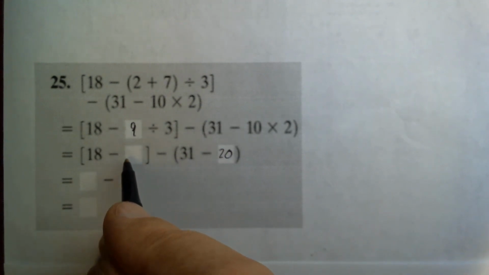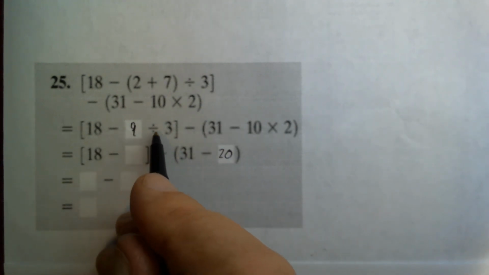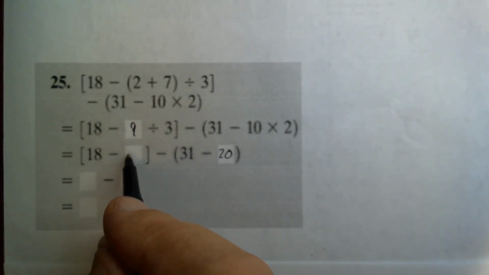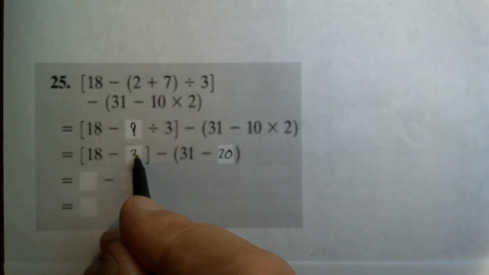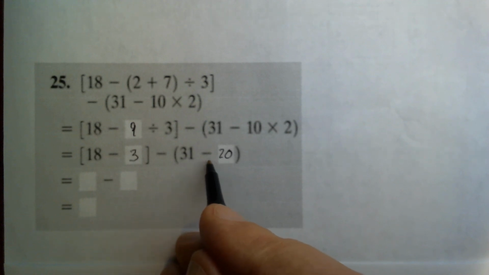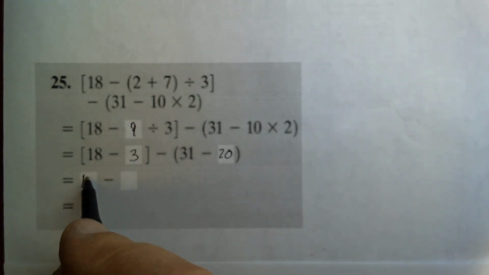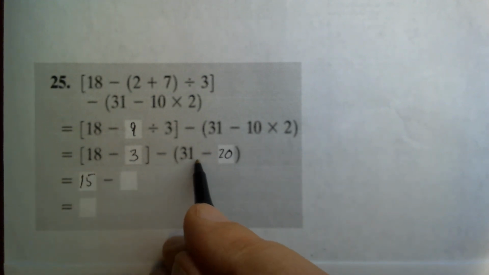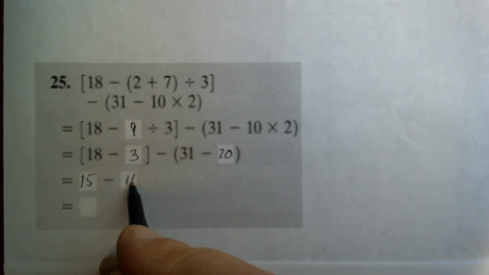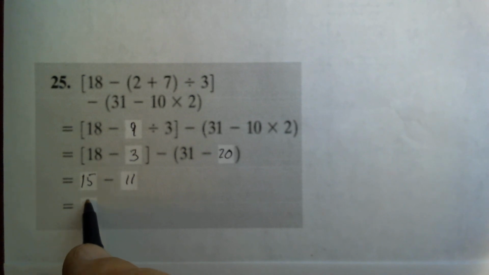And then here we have 18 and 9 divided by 3 is 3 with a minus sign, so minus 3. And then 18 minus 3, that would be 15. And 31 minus 20 is 11. And 15 minus 11 is equal to 4. So the final answer is 4.